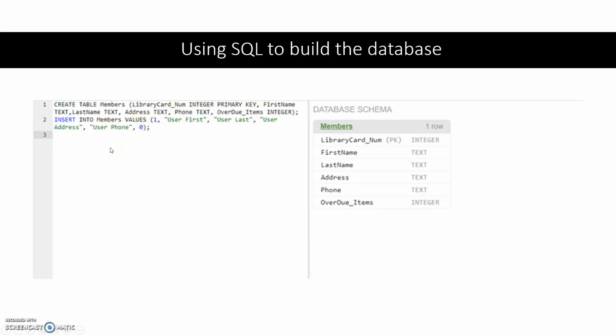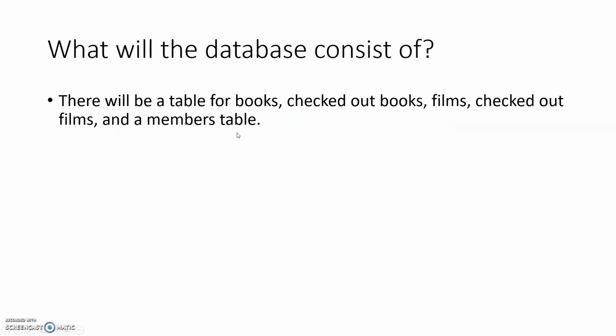And to insert data into these tables, what we would do for each specific column is, one is going to be the first user with the library card number. So his library card number is going to be one, and this user's first name, this user's last name, user's address, user's phone, and zero since this user has not checked out any books.